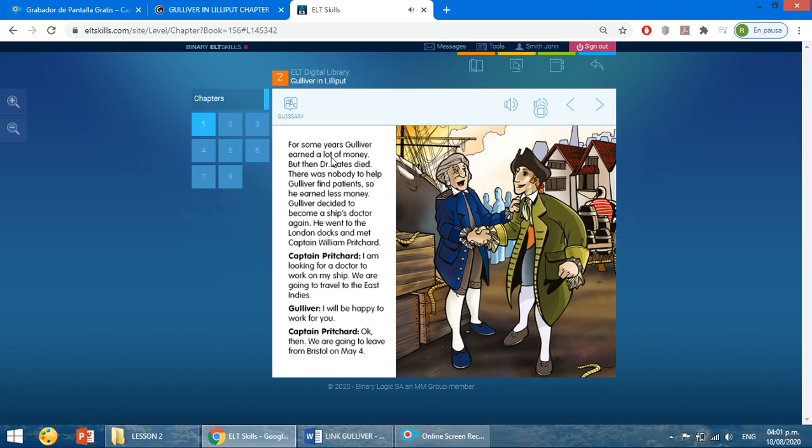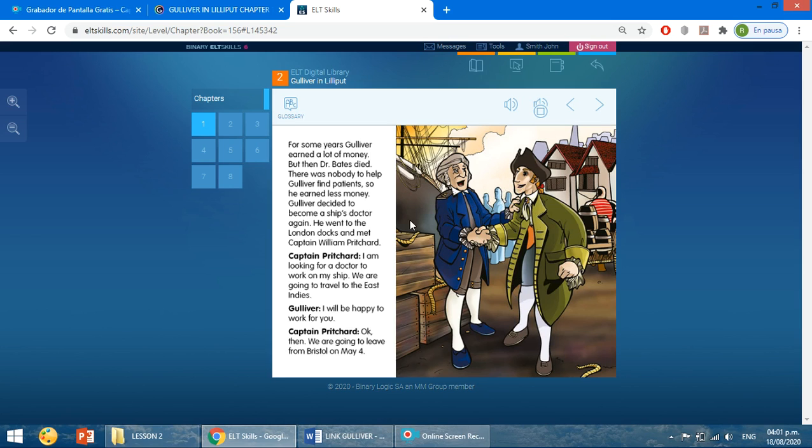Okay. But some years later, Dr. Bates died. Okay. And Gulliver became poor because Dr. Bates had helped him to find patients. Now Dr. Bates died, so nobody helped Gulliver. So he decided to become a ship's doctor again.